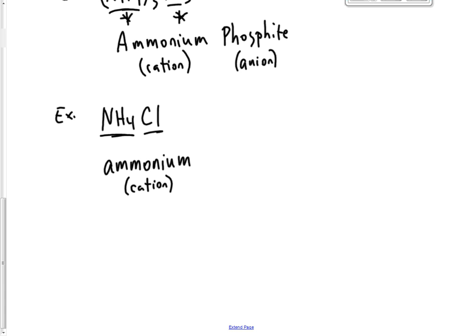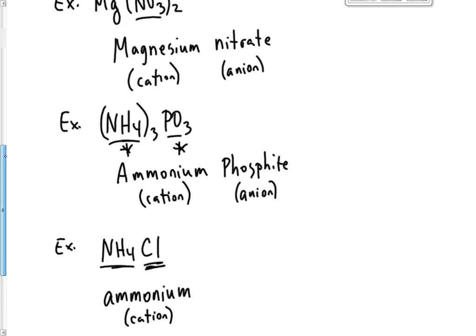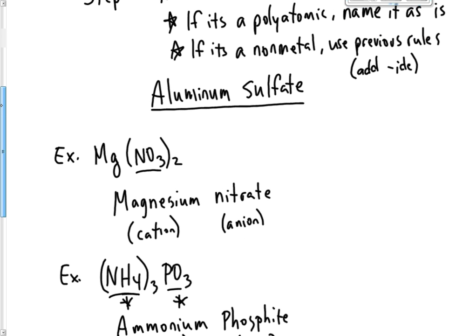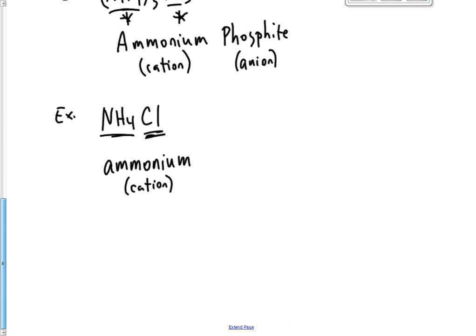Now, this is not a polyatomic ion here. It's just a regular non-metal. So if it's a non-metal, we're going to use the rules from the previous video. We're going to take its root, chlor, then we're going to add IDE to it. So ammonium chloride is the name of this one.